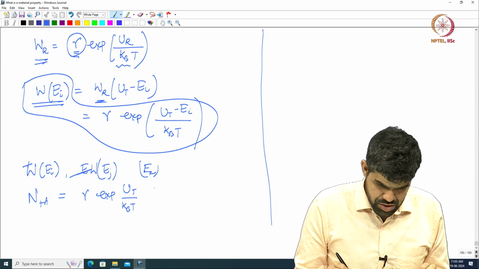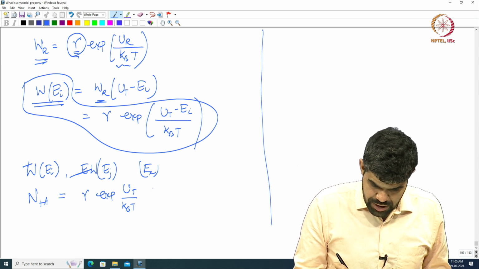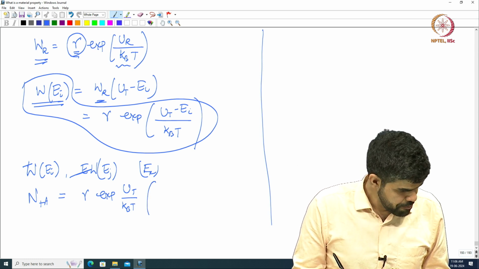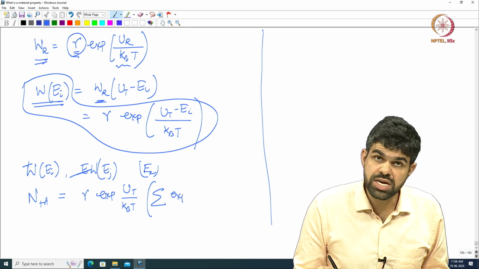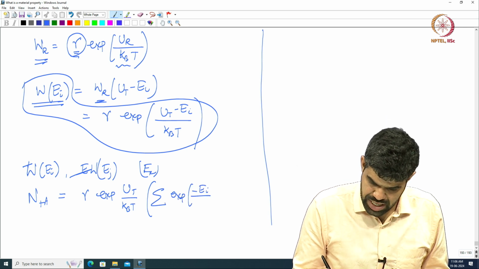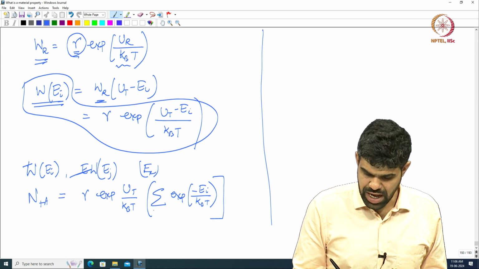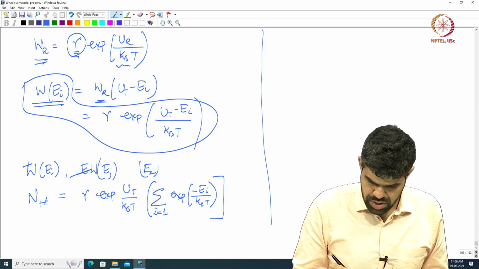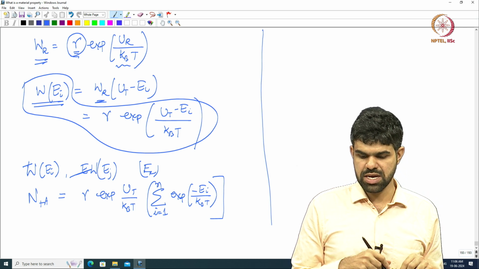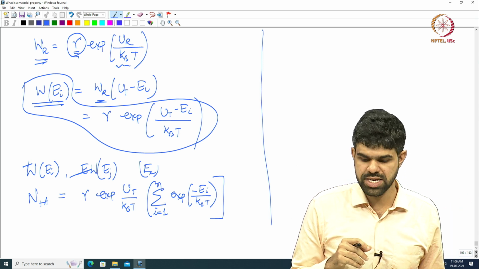However, there is going to be a sigma here, exponential minus EI by kBT, where EI is summed over all the states. So, 1 to some n number of states that I have, all the eigenstates are summed over.